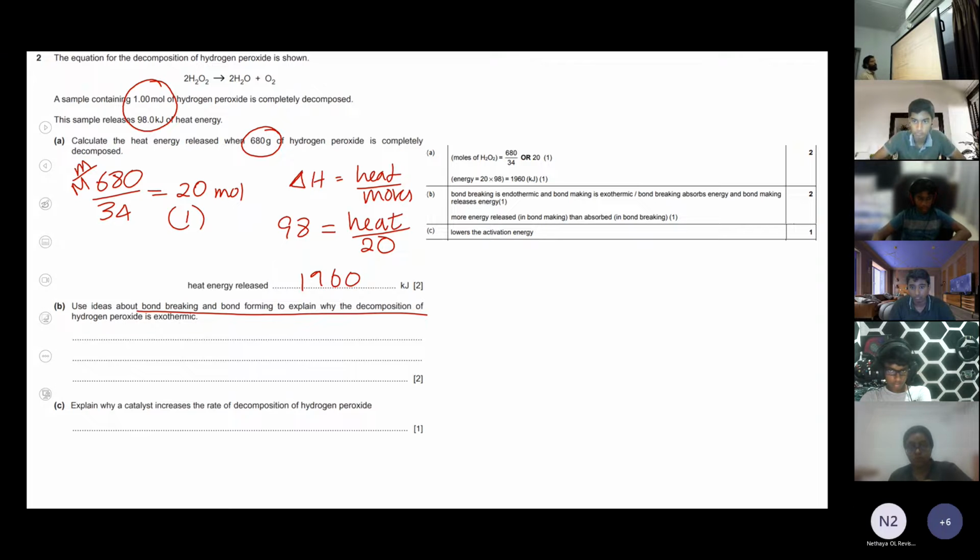Use the ideas about bond breaking and bond forming to explain why it's exothermic. More energy is released when bonds form than the energy needed to break the bonds, right? So bond breaking is endothermic and bond forming is exothermic. Bond breaking absorbs energy, bond forming releases energy. And then more energy is released than absorbed.